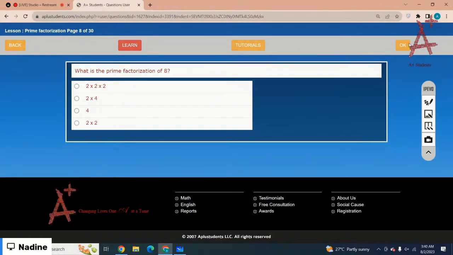Okay, what is the prime factorization of 8? 2 times 2 times 2, because they all are prime numbers. 2 times 4 also makes 8, but 4 is not a prime number, right? So the correct option is 2 times 2 times 2.